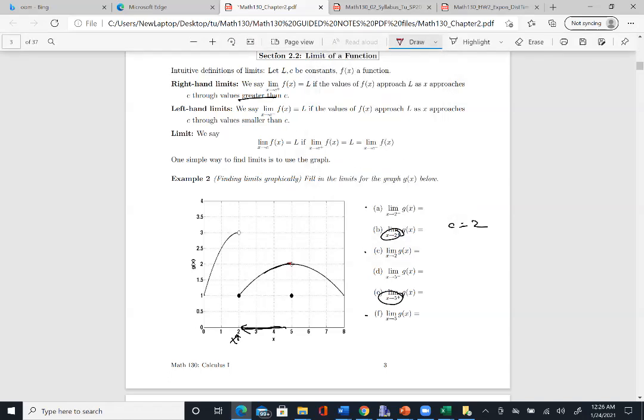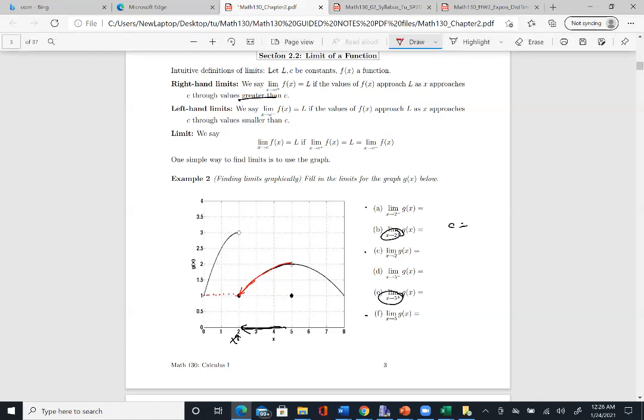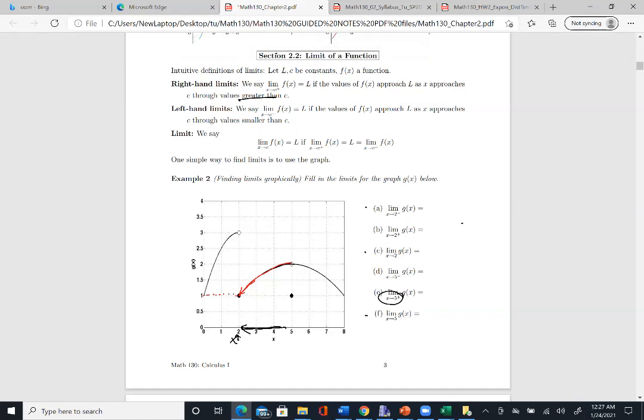The value of y just goes this way, and it approaches this point, which is 1, right? You see that? So I can write this to be equal to 1.